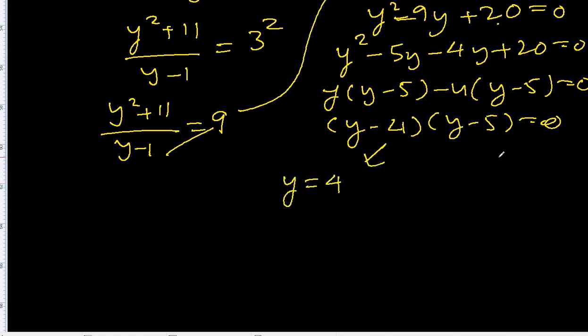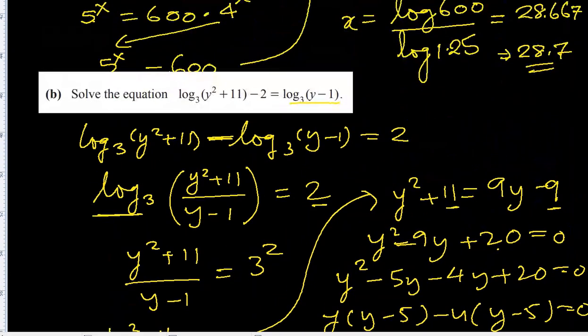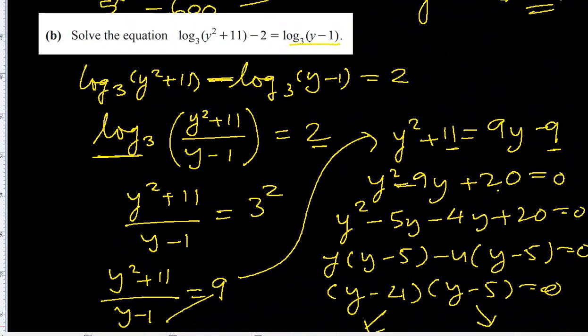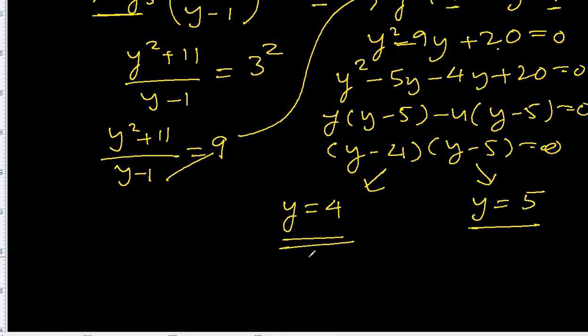So y equal to 4, and this gives y equal to 5. And both are positive. So we have no problem using positives with logs, but still let's check if any one of them will not work, because logs should not have a negative inside the brackets. That's why I'm trying to check it out, and both of them will give positive, so no issues with both. Both are right answers.